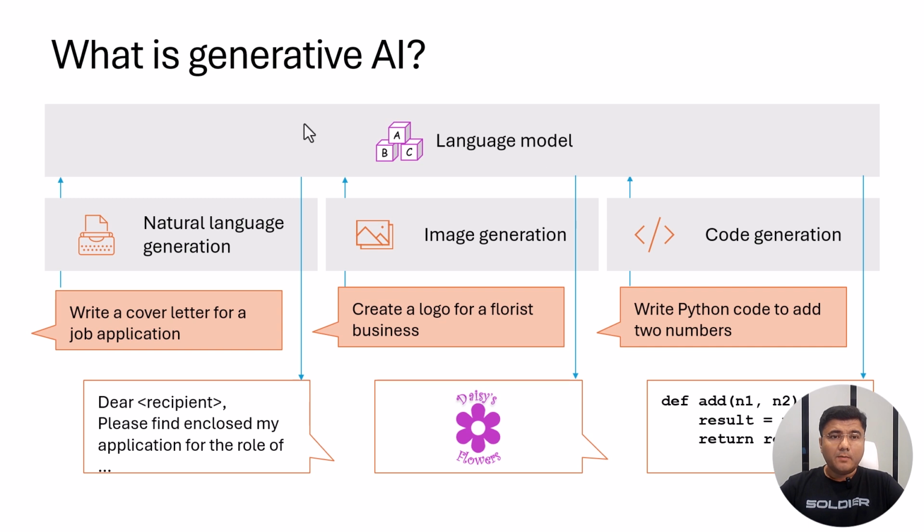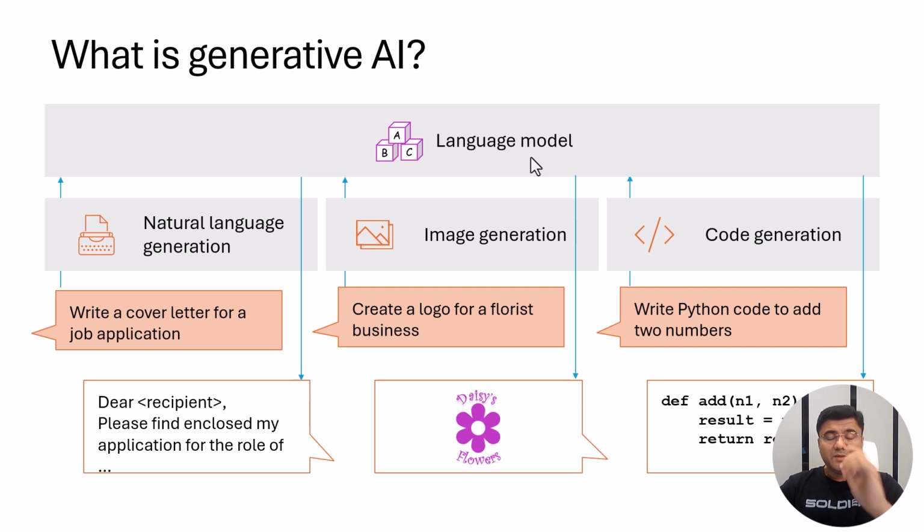Okay, now if we talk about what generative AI is, which is the final dot we need to connect, then we need to understand something known as a language model. Now let me tell you one thing, language model is the commonly known word used for all the machine learning models which are used with generative AI.